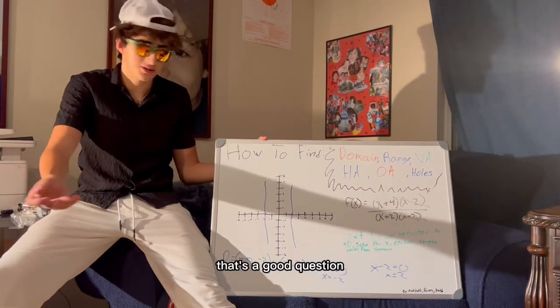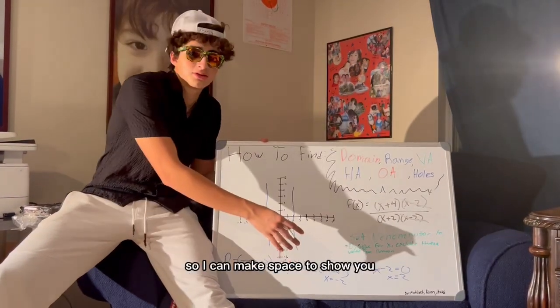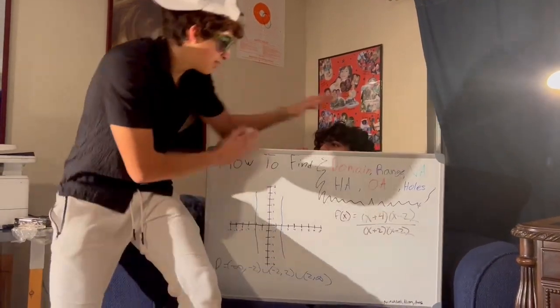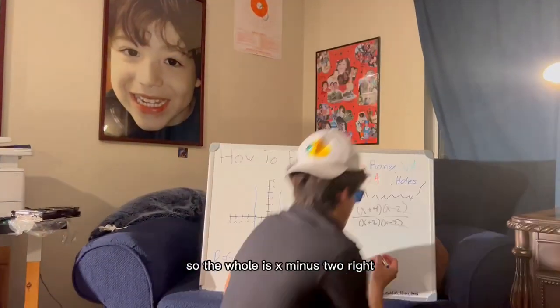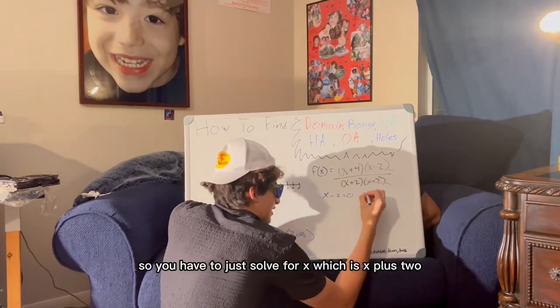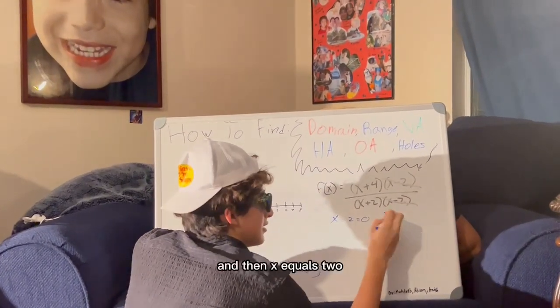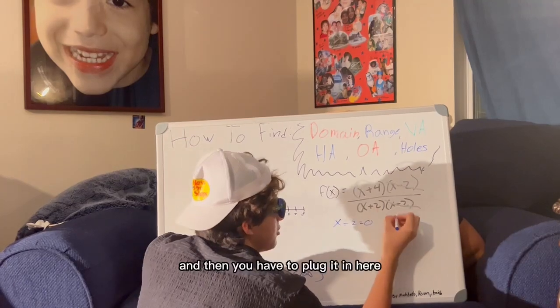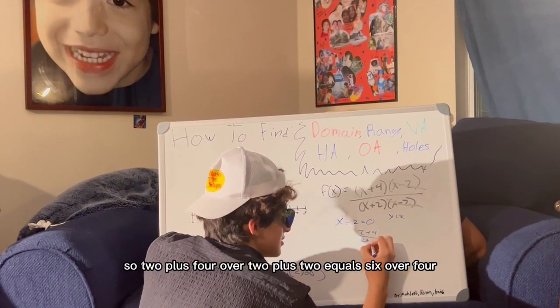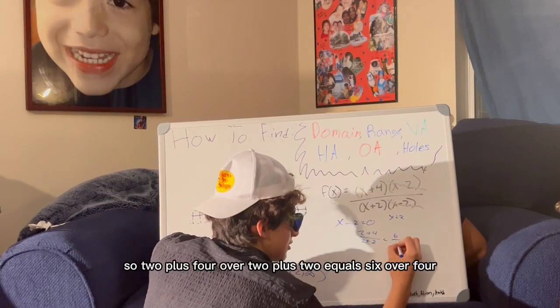Anyways, that's a good question. Let me just clear this up so I can make space to show you. Alright, so now that it's cleared out, I'll show y'all how to do it. So the hole is x minus 2, right? Equals 0. So you'd just solve for x, which is x equals 2, and then you'd have to plug it in here. So 2 plus 4 over 2 plus 2 equals 6 over 4.